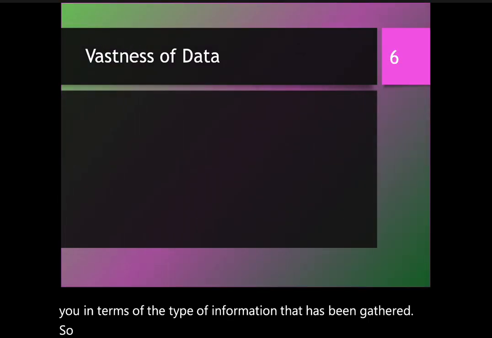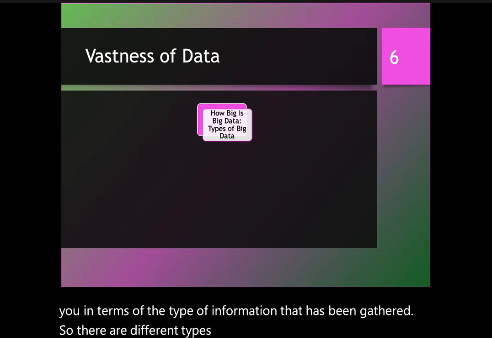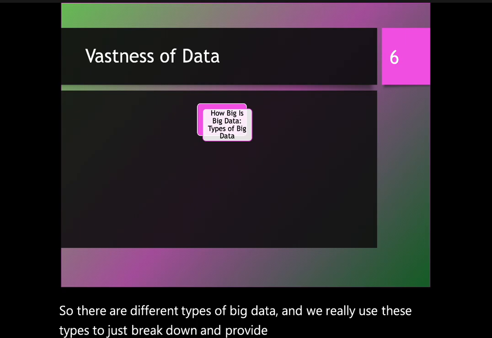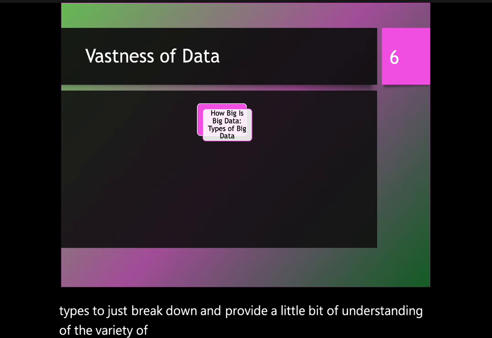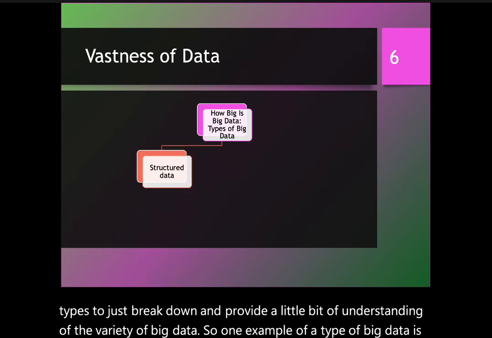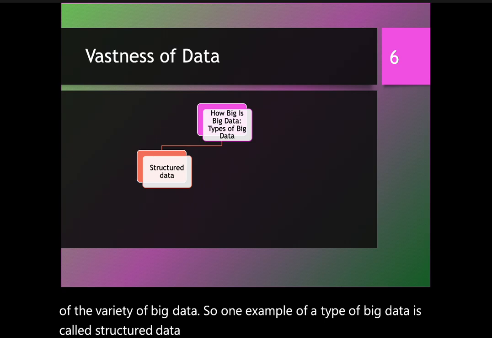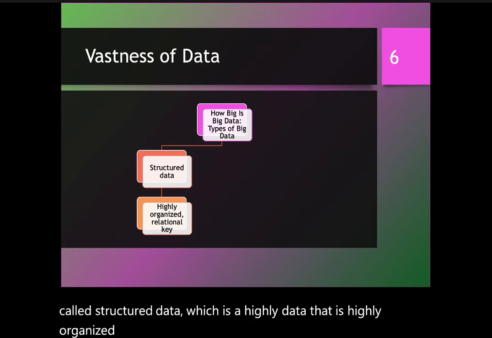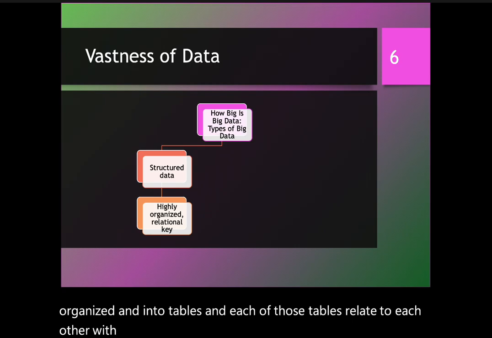So there are different types of big data, and we really use these types to break down and provide a little bit of understanding of the variety of big data. One example is called structured data, which is data that is highly organized into tables, and each of those tables relate to each other with a relational key.